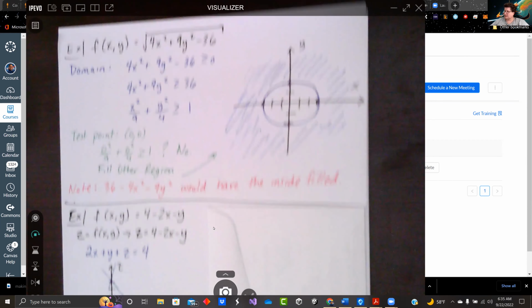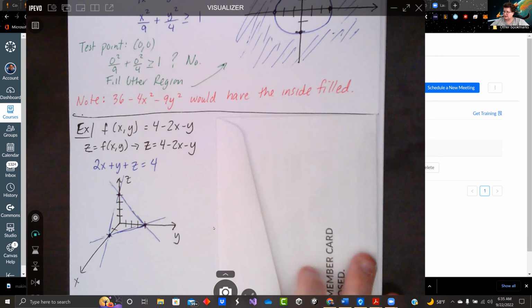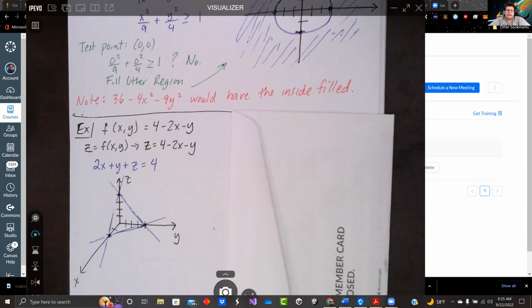Let's take a look at another one. f of xy equals 4 minus 2x minus y. Here I'm going to do this one in 3D because I want the value of the function f of xy to show up on the graph. So I'm going to set that equal to z, which is a common strategy, give it a third dimension.